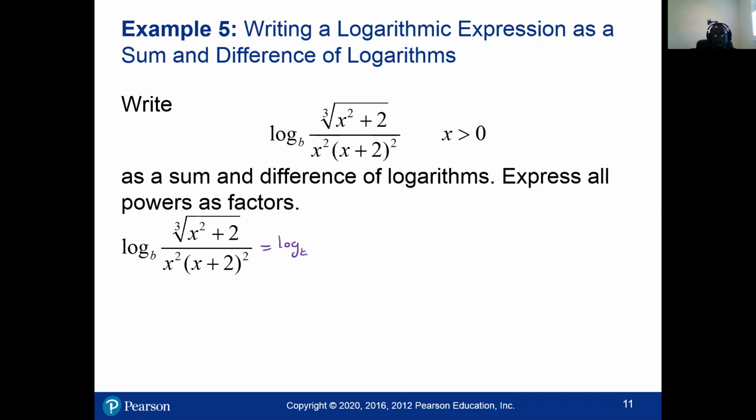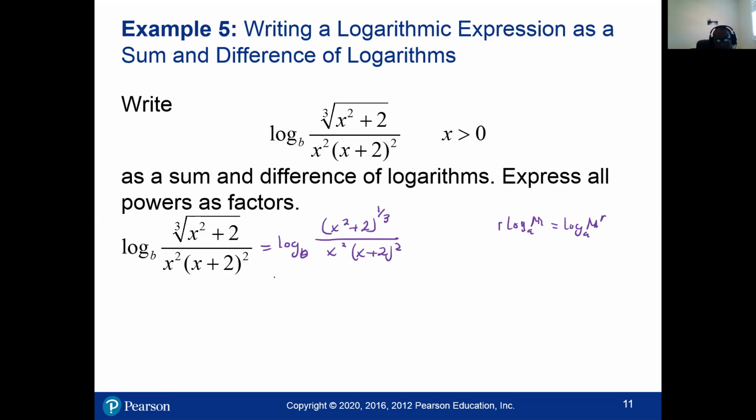Log to the base b, and then the numerator becomes x squared plus 2 raised to positive 1/3, divided by x squared times x plus 2 all squared. Then we use the quotient. I just apply this property: if I have log m raised to r base a, then this becomes r log m base a.